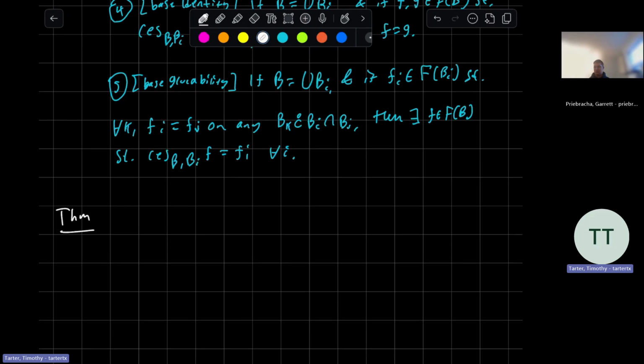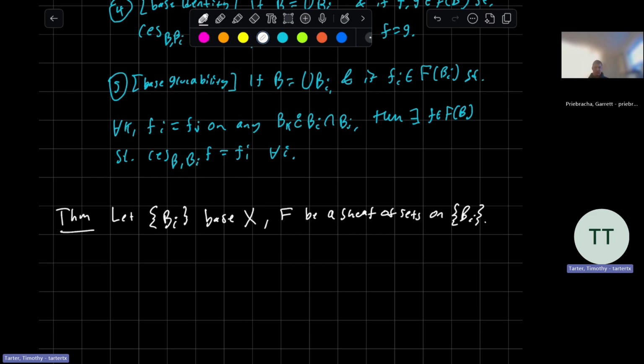But as a theorem, let Bi be a base for X, and let F be a sheaf of sets on Bi.